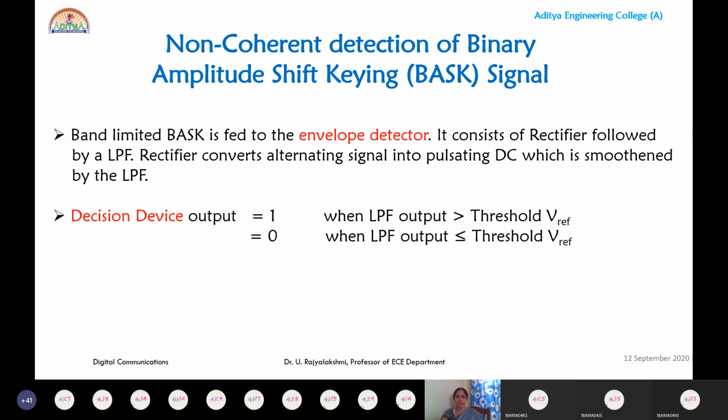If the low pass filter output is greater than the threshold, we get the output as 1. If it is less than or equal to the threshold, the output is 0. This is all about the difference between coherent and non-coherent detection of binary ASK signal.